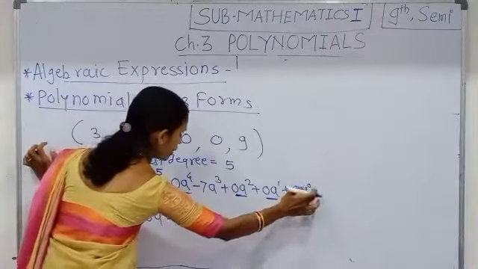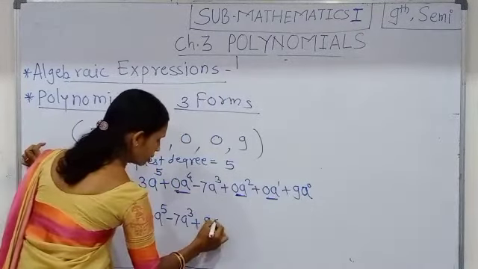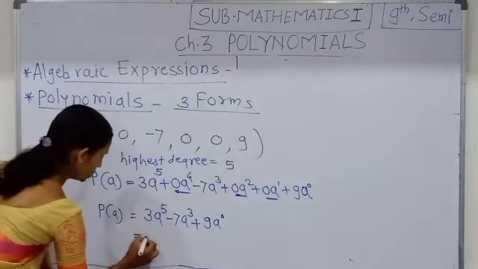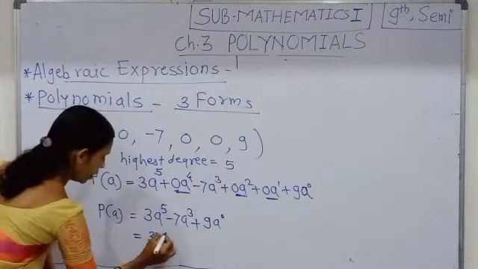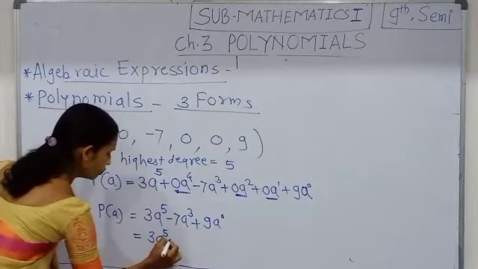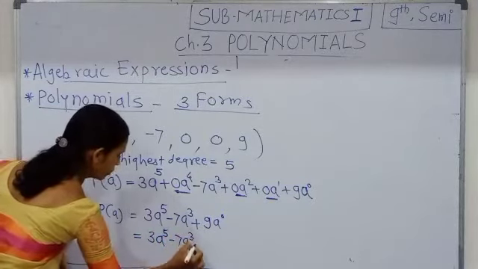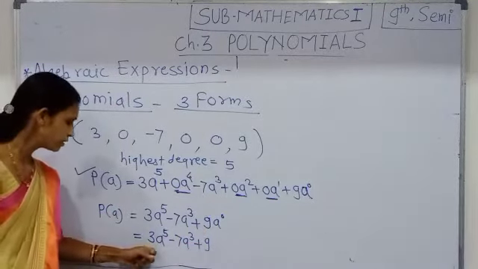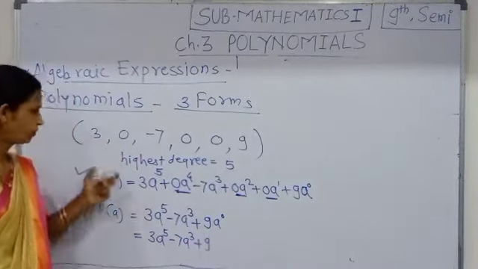Plus 9a raised to 0 means 9, that is the constant term. So 3a raised to 5 minus 7a cubed plus 9 is the standard form of the polynomial.